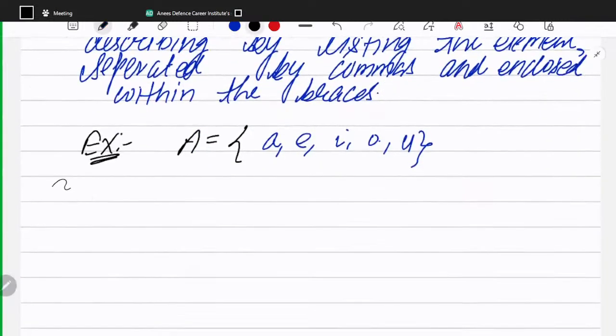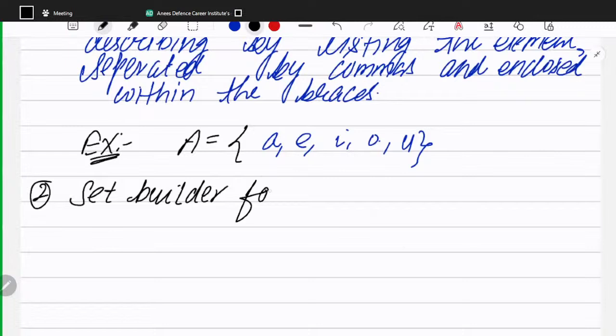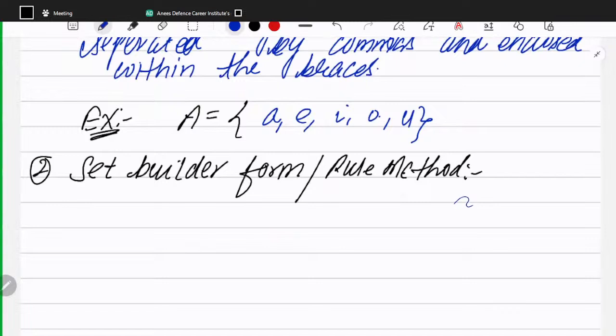Now another one is set builder form, or rule method. What will you do in this method?